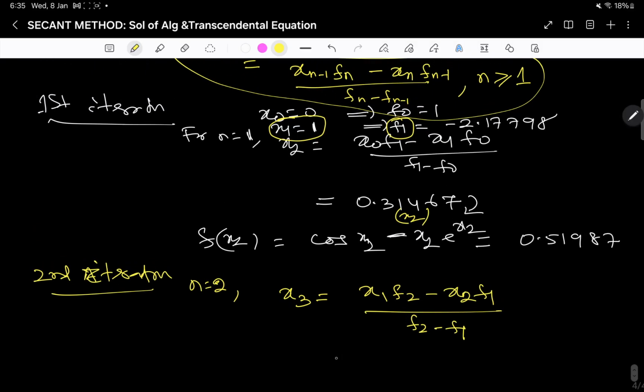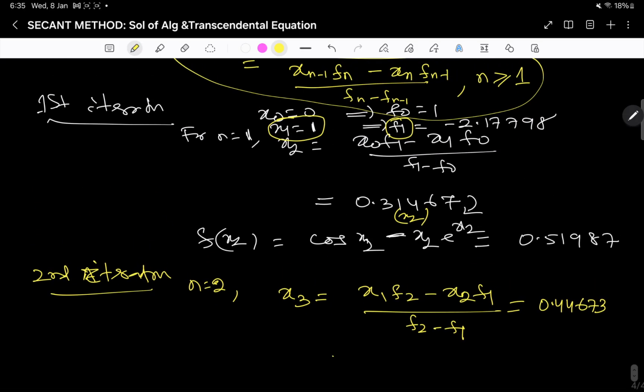If you substitute all these values here, then x3 will be 0.44673.